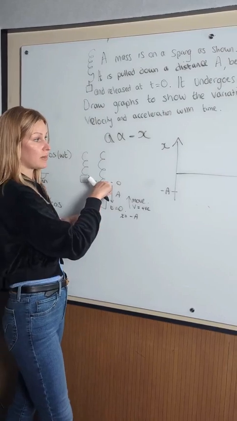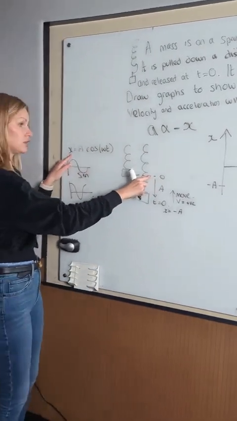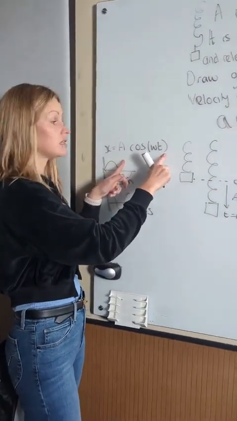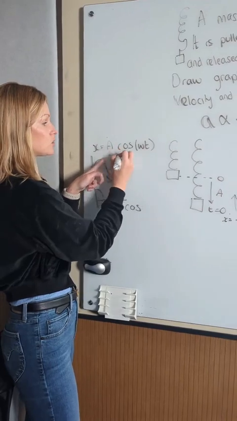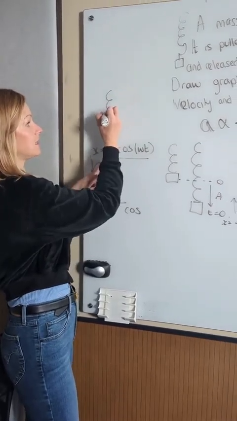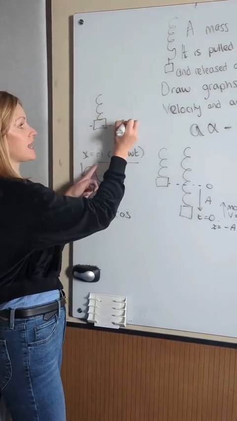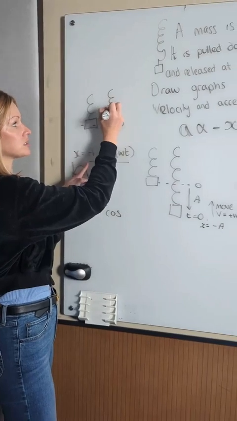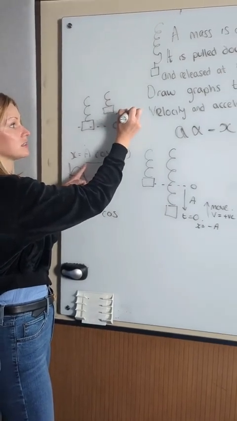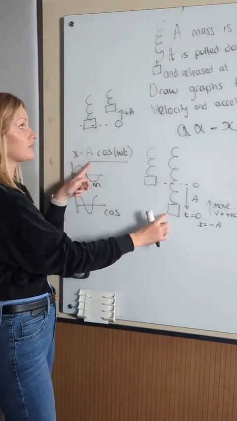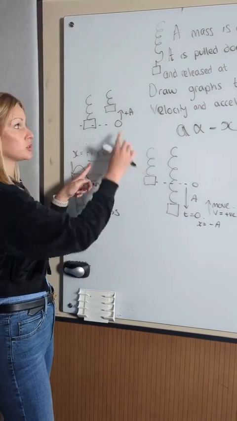Okay? So my first equation from my data sheet was x equals a cosine wt. That equation was written for a mass that instead of being pulled down first, was compressed upwards by positive a, and then made to oscillate. So our equation is going to be slightly different because we've pulled it down, not pushed it up.